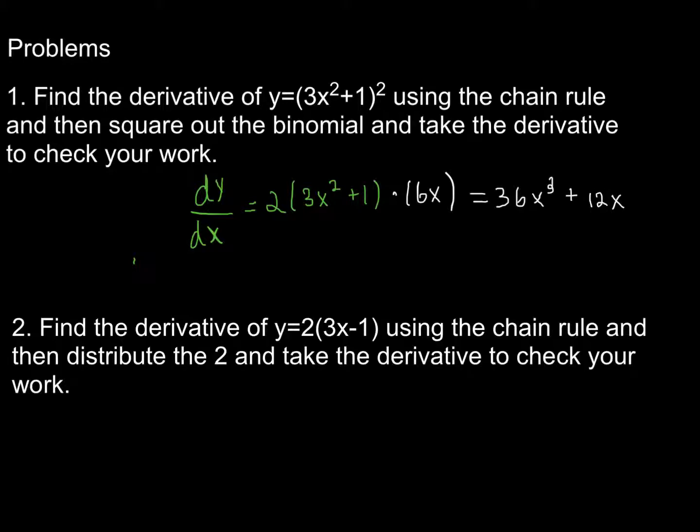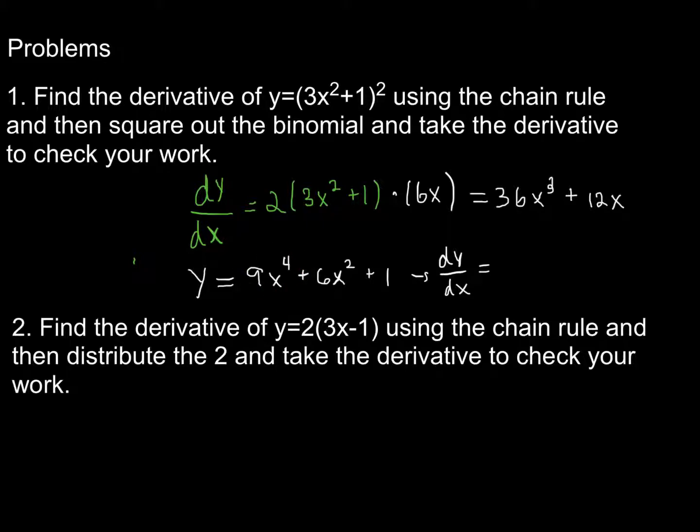Okay. And so now to check your work, you could actually square this out and take the derivative of the squared out function, which will be much easier to do because you already have the know how to use the power rule to find the derivative of that. Here I've squared it out, and I get 9x to the fourth plus 6x squared plus 1. And we can take the derivative of each piece on its own using the power rule.